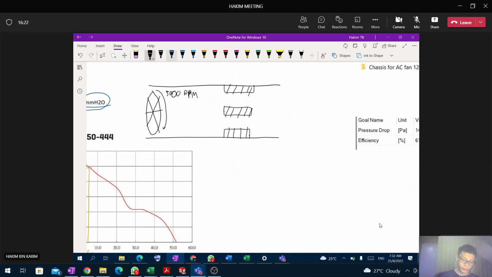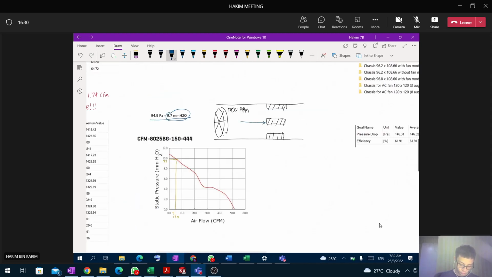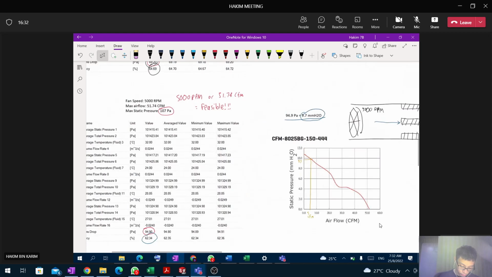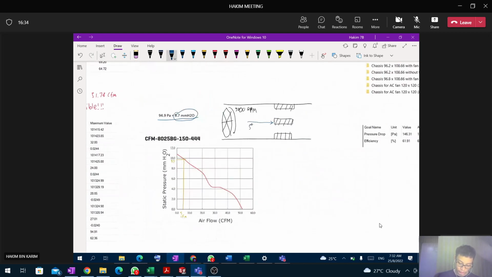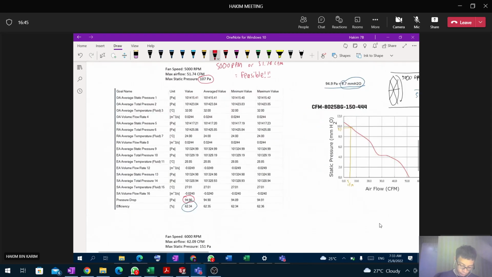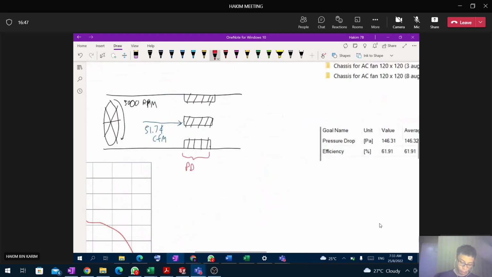The airflow here is the maximum airflow, right? How much? 51.74 CFM. And the pressure drop to the heat exchanger is how much? 94.9 Pascal.